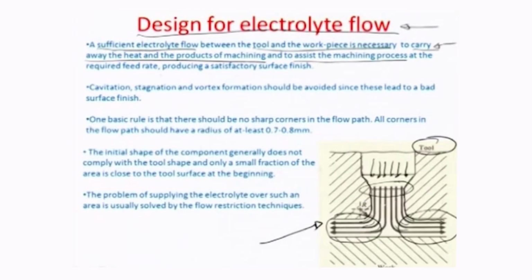So, you can have suitability in the surface finish that you obtain, or at a certain rate you are trying to produce the machining, or you are intending a certain yield of machining which is defined by the feed rate. So, even for that, the amount of heat carried away is very critical.